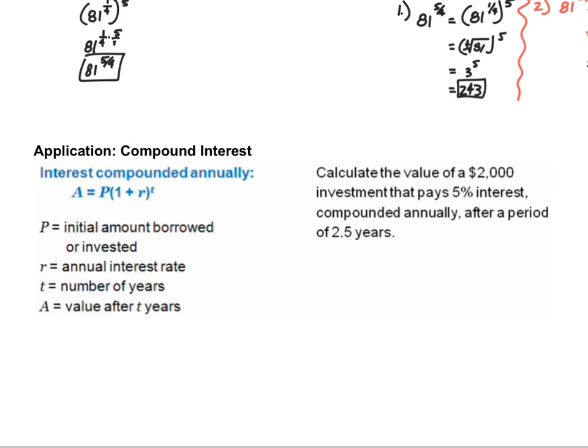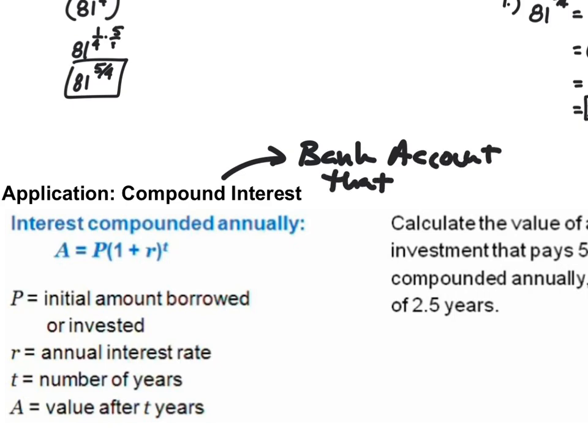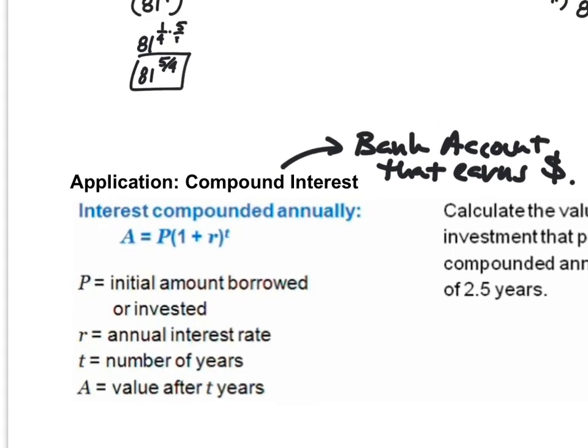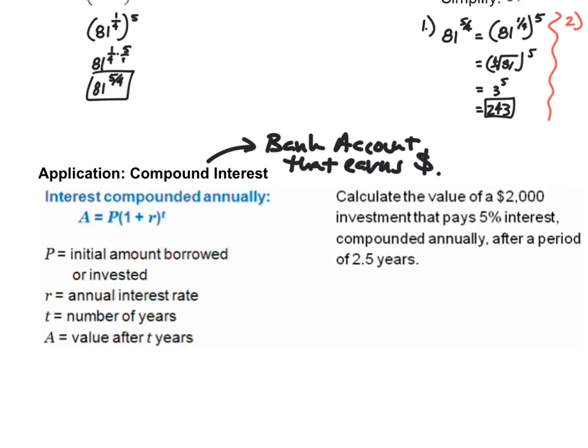Basically, this is a bank account that earns money. Kind of a weird concept. If you have more interest in that, you should talk to someone involved in banking, maybe your parents, about what all that kind of means.